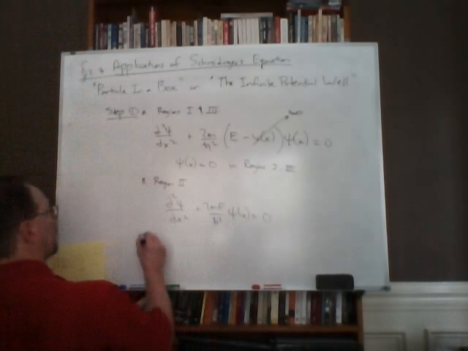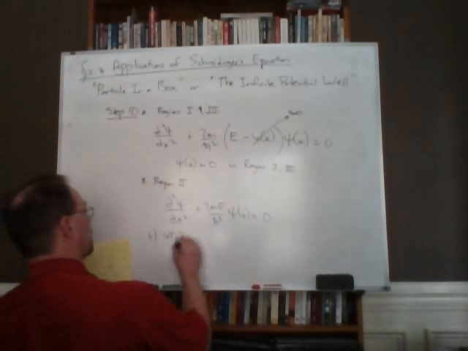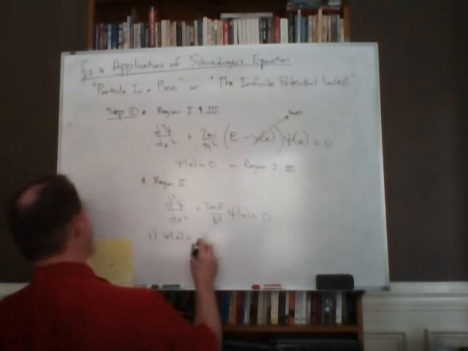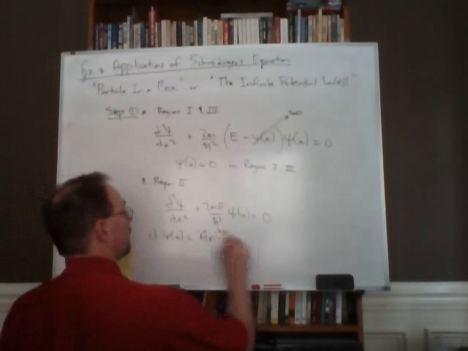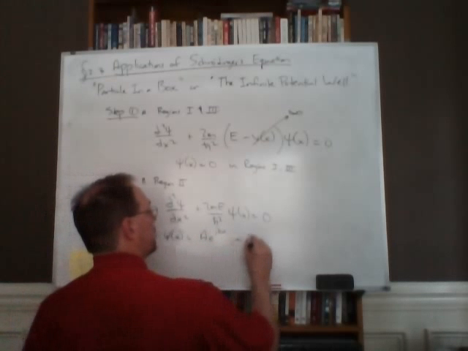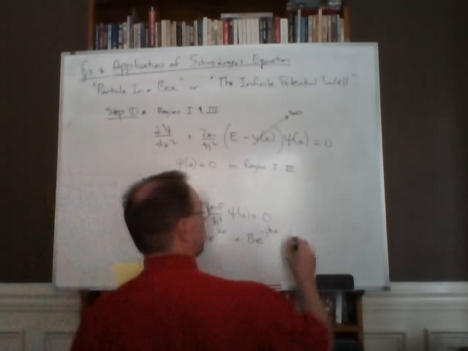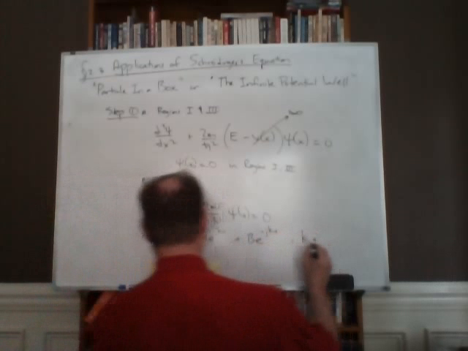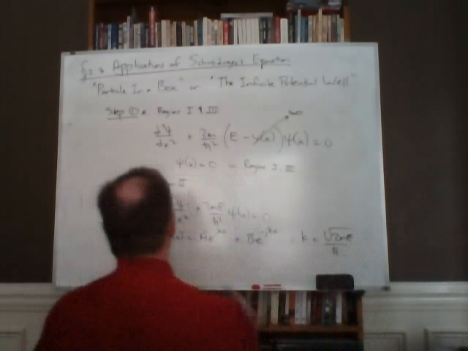One would be complex exponentials: psi of x is A e to the jkx plus B e to the negative jkx, where k, our wave number, is square root of 2mE over h bar.